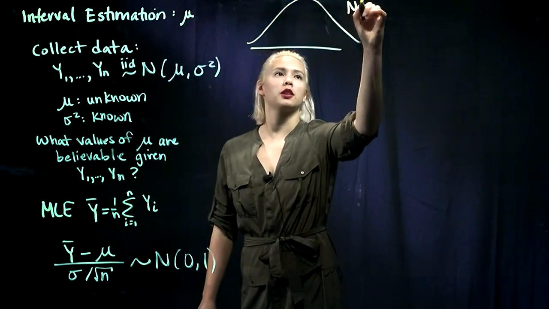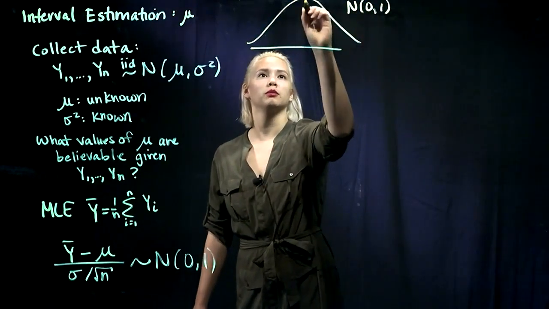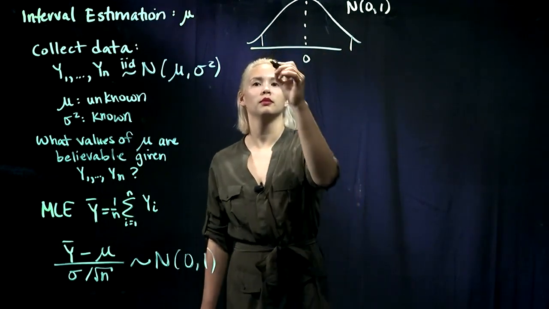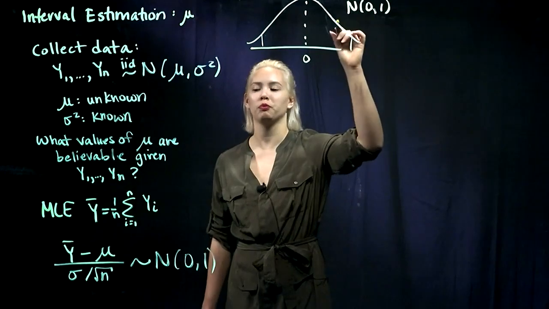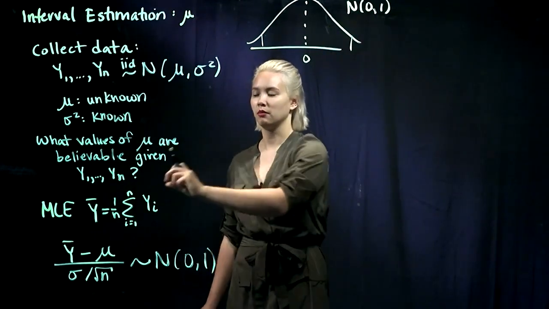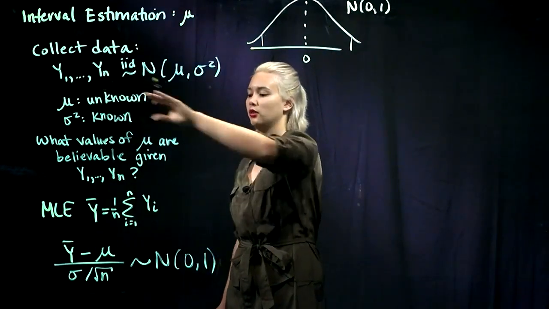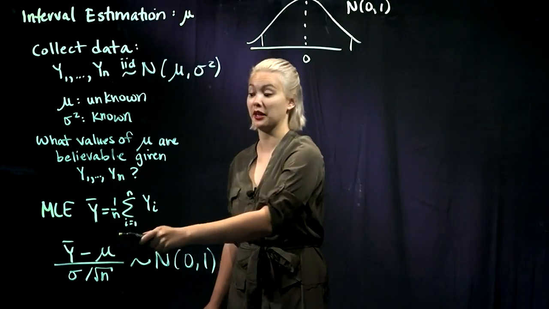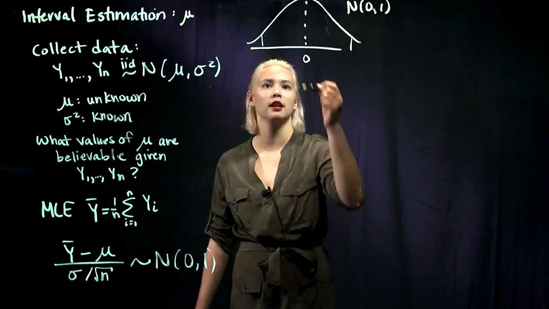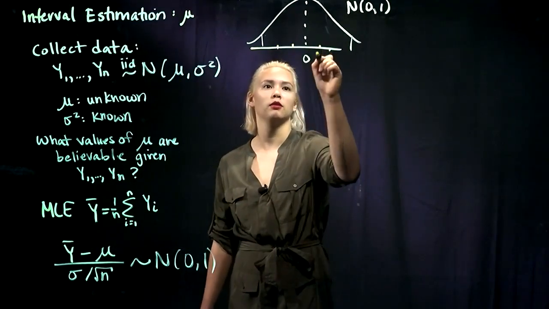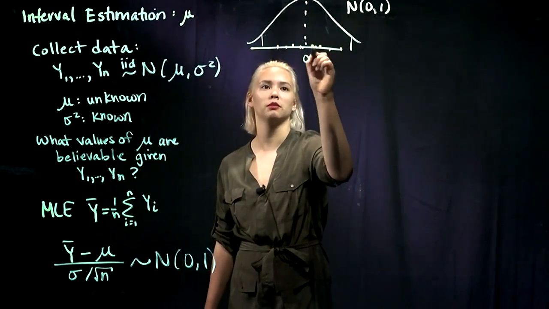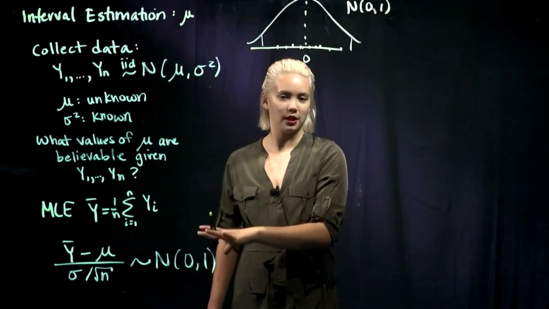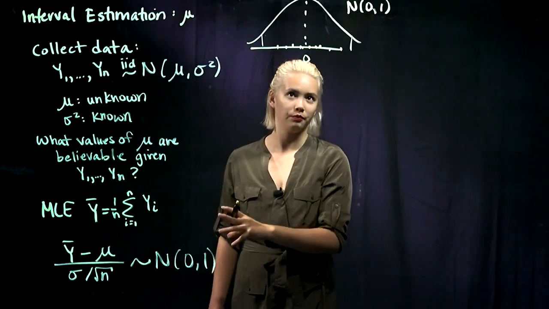So maybe here's our standard normal distribution. If we're taking samples of size n over and over and calculating y bar and then calculating y bar minus mu divided by sigma over root n, then we'd be getting values according to this distribution. All right, so we're interested in this probabilistic behavior of y bar.